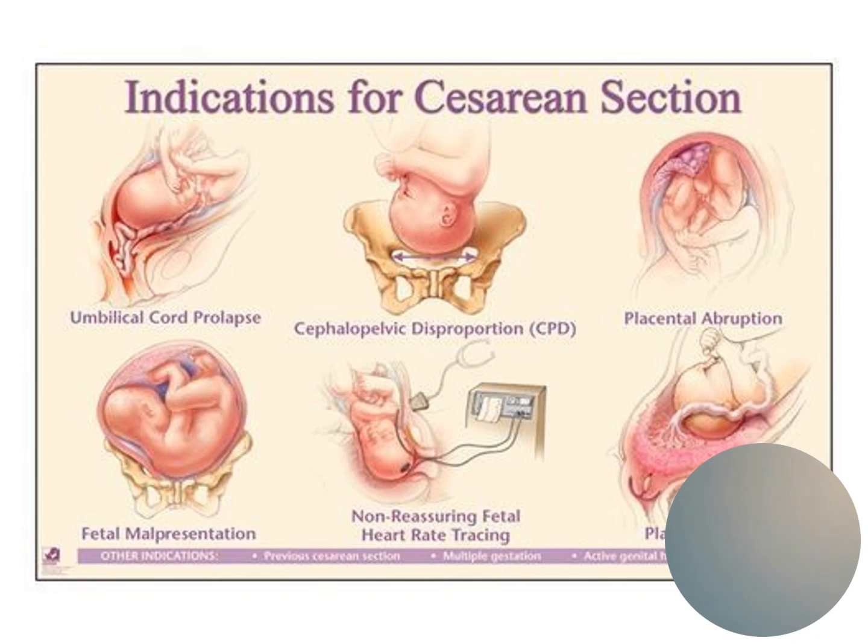So in order to perform a VBAC, the woman has to have that previous low transverse incision, no other uterine surgeries or uterine rupture, because the risk of a second rupture is increased, and the availability to perform an emergency C-section if necessary. And it should be one baby, and it should be head down.